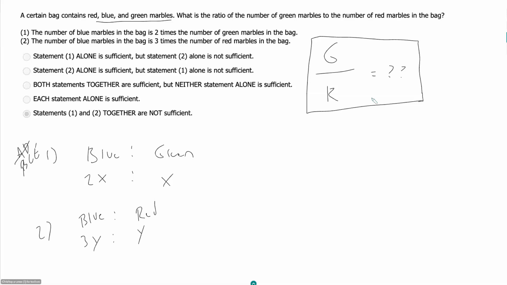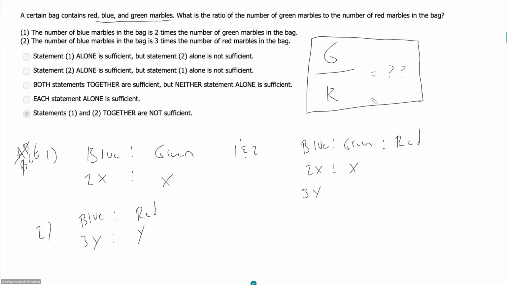So together, what do we know? Now we have these 2 individual ratios that they gave us. We have this blue to green of 2x to x, but we also have this ratio of blue to red of 3y to y.